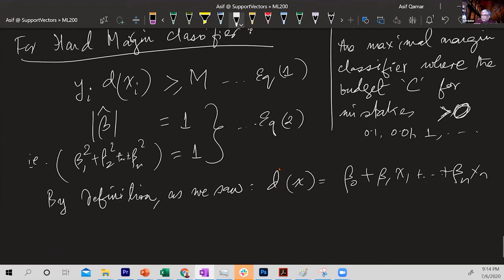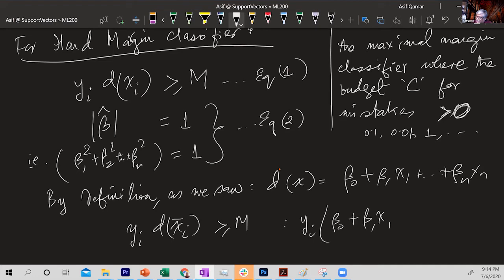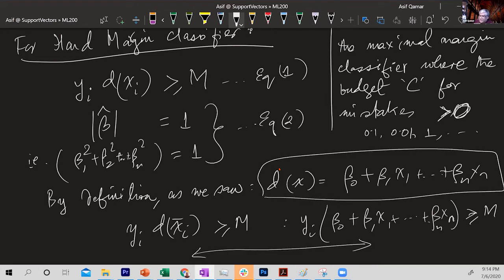So you could rewrite this constraint: yi dxi greater than or equal to m is the same as writing yi times (beta naught plus beta 1 x1 plus all the way to beta n xn) is greater than or equal to m. This is obvious, isn't it, guys? It just comes from the definition. So in your textbook, I've now mapped this intuition to it. By the way, this is chapter 9 of your textbook.